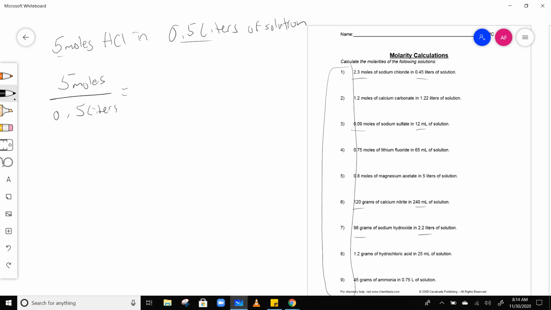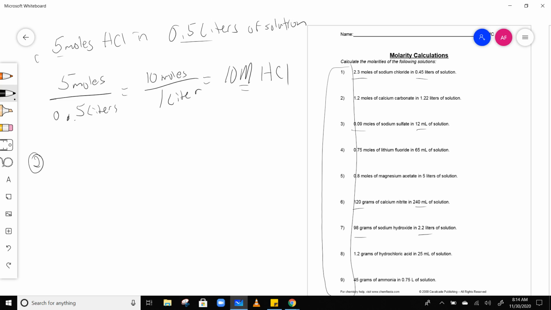Okay, and when we do that, we should get 10 moles over 1 liter. All you're doing here is taking 5 divided by 0.5, and we should get 10. Okay, and then that's 10 moles in 1 liter, and we would say that's 10 molar HCl. So you'll see a capital M, 10 molar HCl. Really, really simple there.